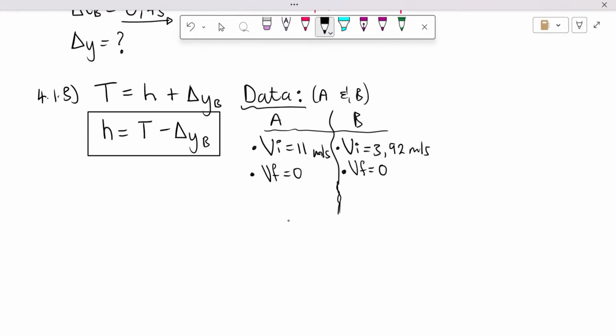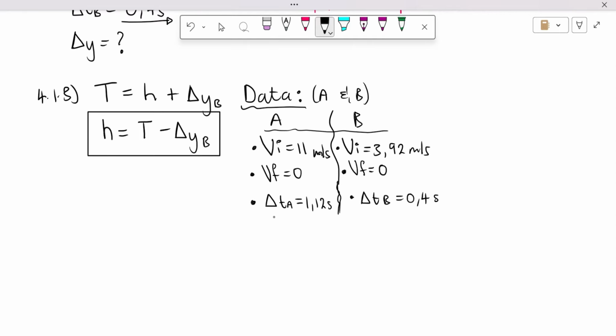And then what can we say about the time? The time for ball A, delta T for A, to reach the height T is 1.12 seconds. And we calculated that delta T for ball B was exactly 0.4 seconds. That's the time it took B to reach the point T.